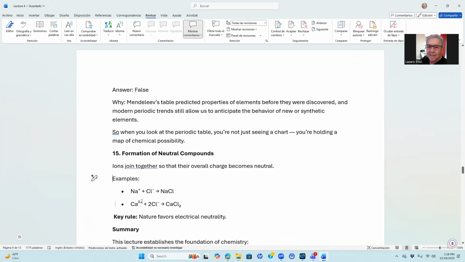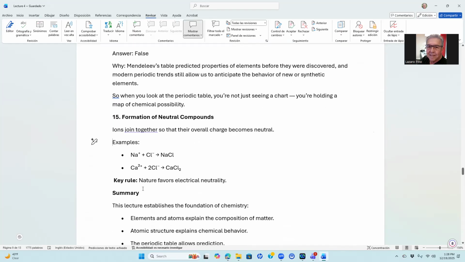Calcium 2+ and two anions of chloride make calcium chloride. Key rule: nature favors electrical neutrality.